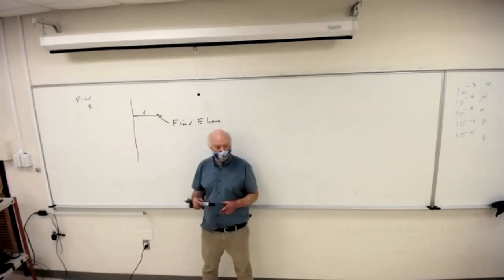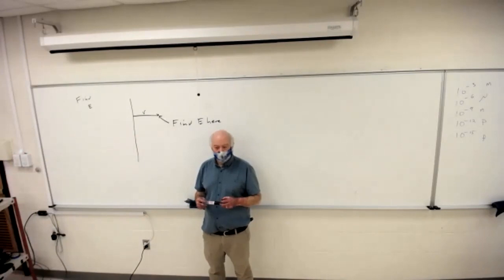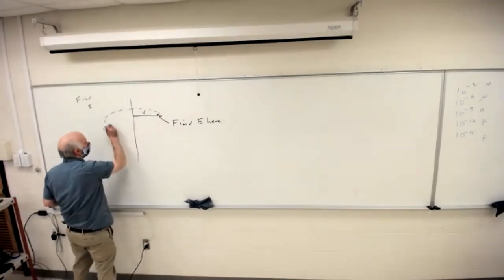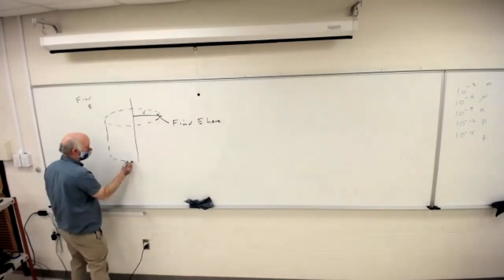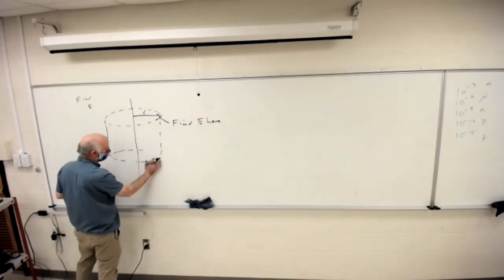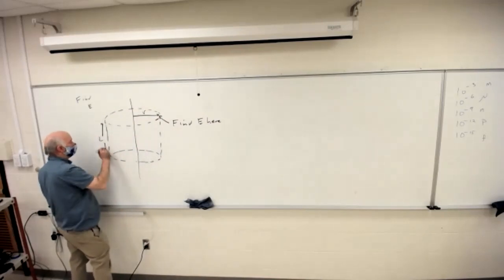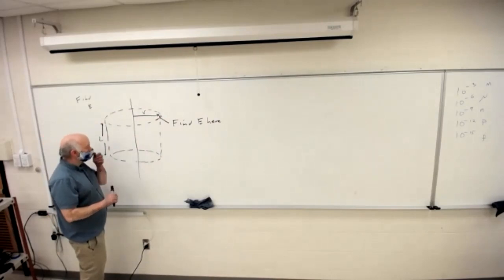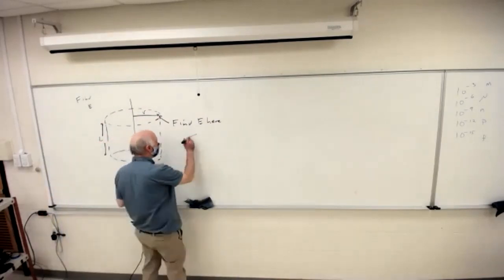How are you going to draw your Gaussian surface? Starting right here, you're going to have this guy here. This has some length, like that. So here's Gauss's law.